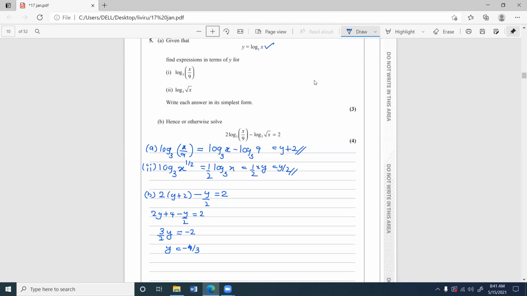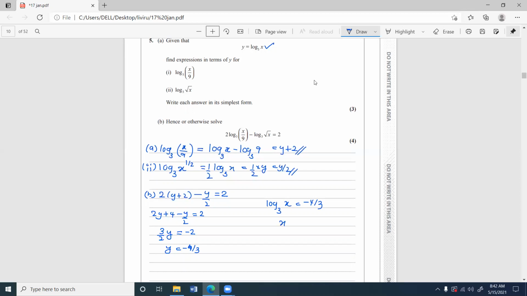Okay. Then we don't want the answer for y, we need the answer for x. We already replaced x over 9, sorry, we got this answer y is log 3 x. So you can write log 3 x is equal to minus 4 over 3, which we already got from this expression.